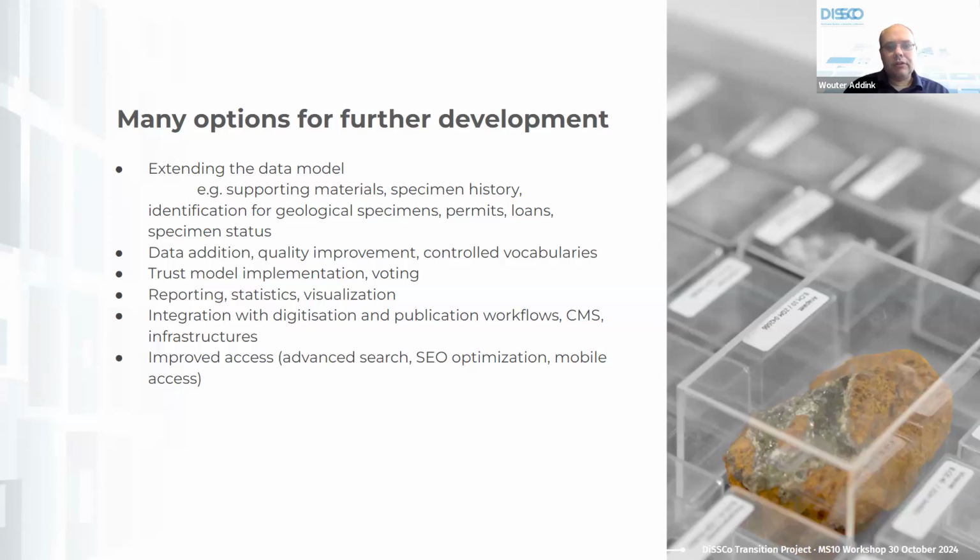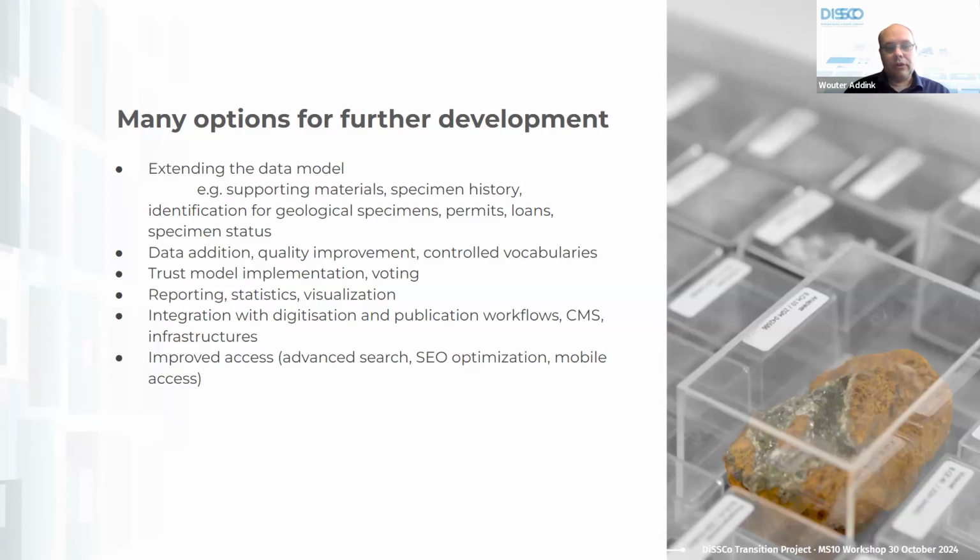You can also focus on data that's already published online, and focus on adding that data to the DiSSCo infrastructure, and then do quality improvement of that data. Start using controlled vocabularies to improve the quality.